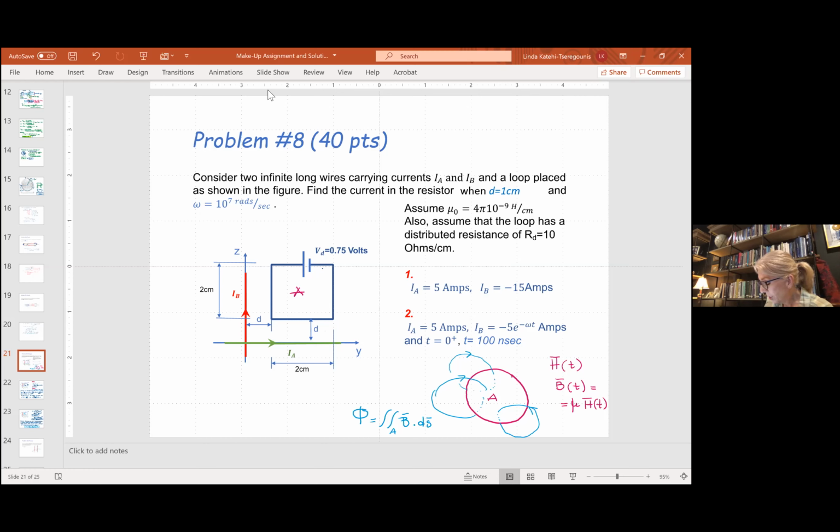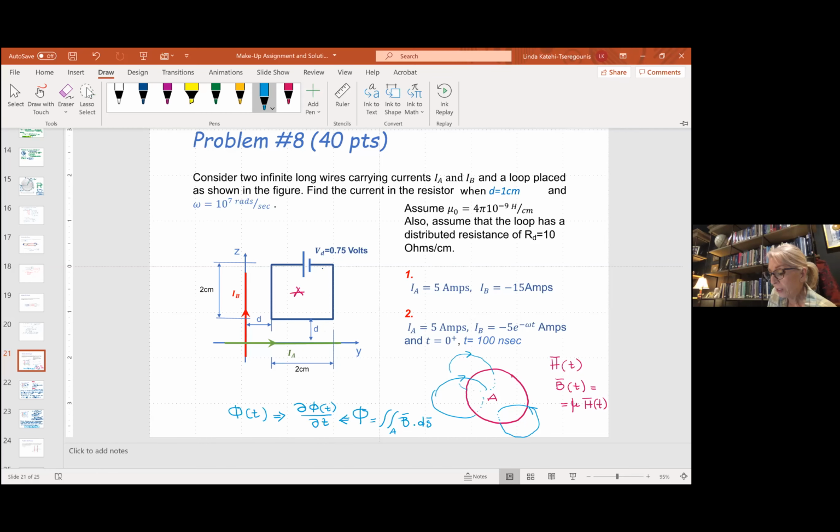It is the direction perpendicular to the area of the surface. Okay, so now if you take this integral, that implies that phi is a function of time, phi of t. And that then implies that there is a derivative of phi of t with respect to time, and that derivative is not zero, obviously.